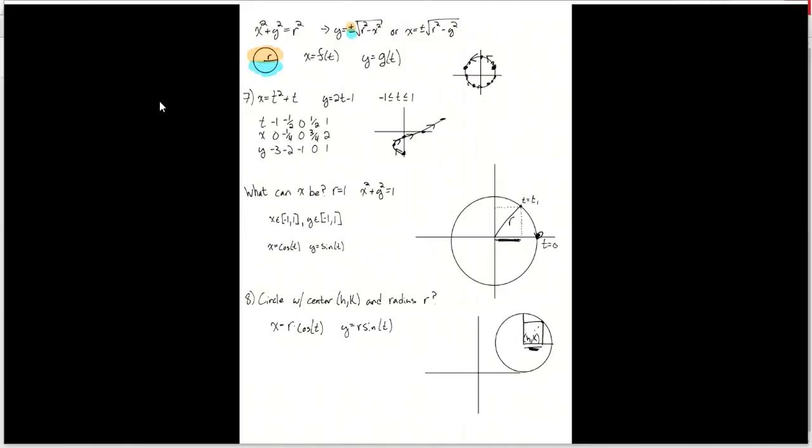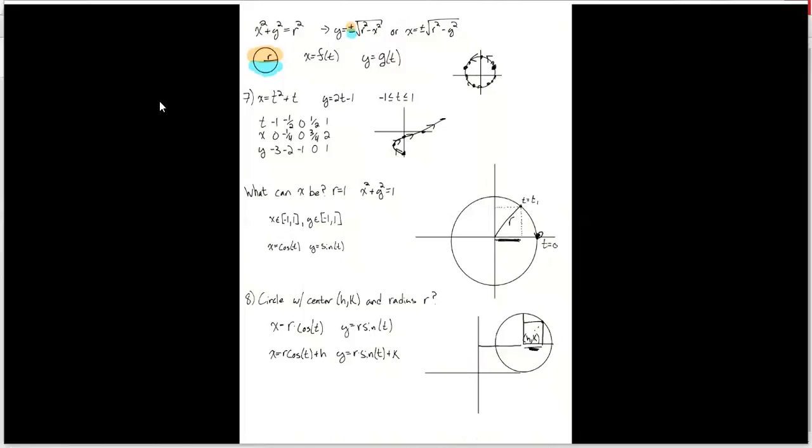But now we're moved over an amount that happens to be this right here, which is h. So it makes sense that we can define this as x equals r times cosine of t plus h, and then y is equal to r times sine of t plus k. And that's a way to define our parametric equation for a circle centered around (h, k) of radius r.